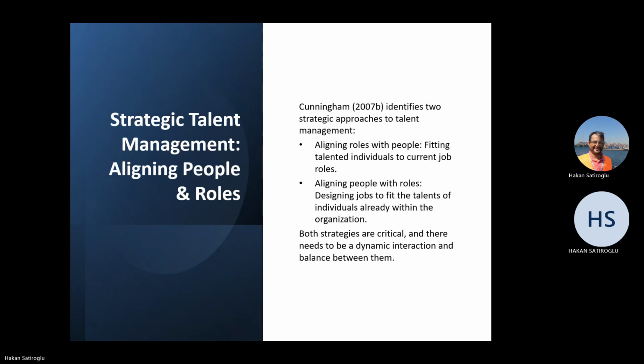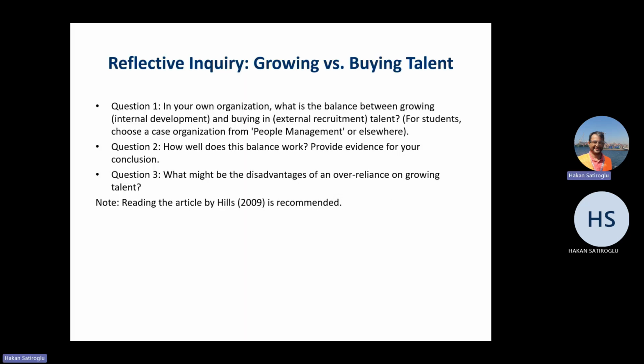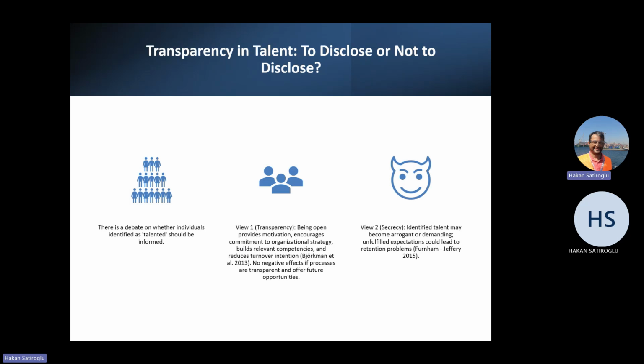Again, a kind of blended solution. These are the questions. This activity invites you to critically evaluate your organizational talent sourcing strategy, creating an advanced understanding if you articulate it in your mind.